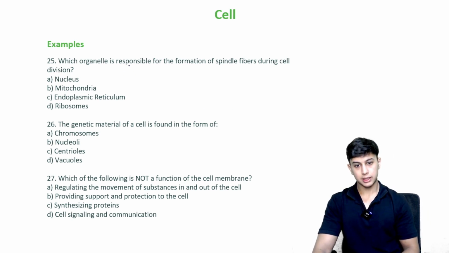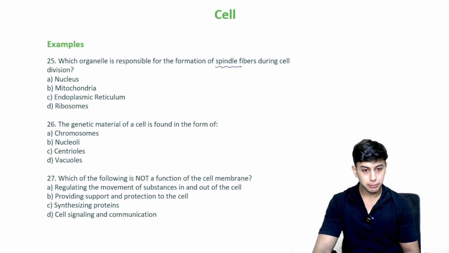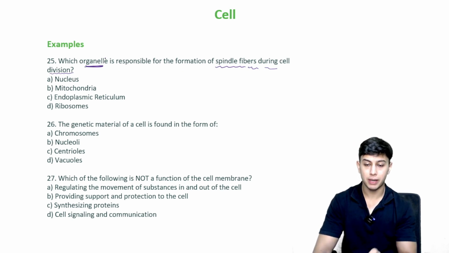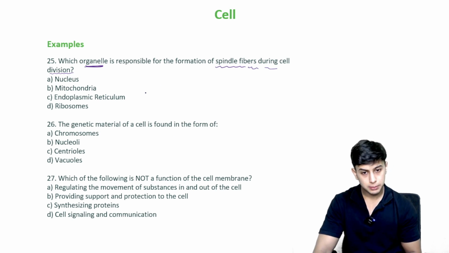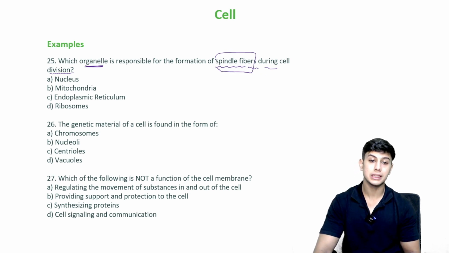Which organelle is responsible for the formation of spindle fibers during cell division? So this part of the cell is responsible for making spindle fibers. Spindle fibers are something that are made during cell division.